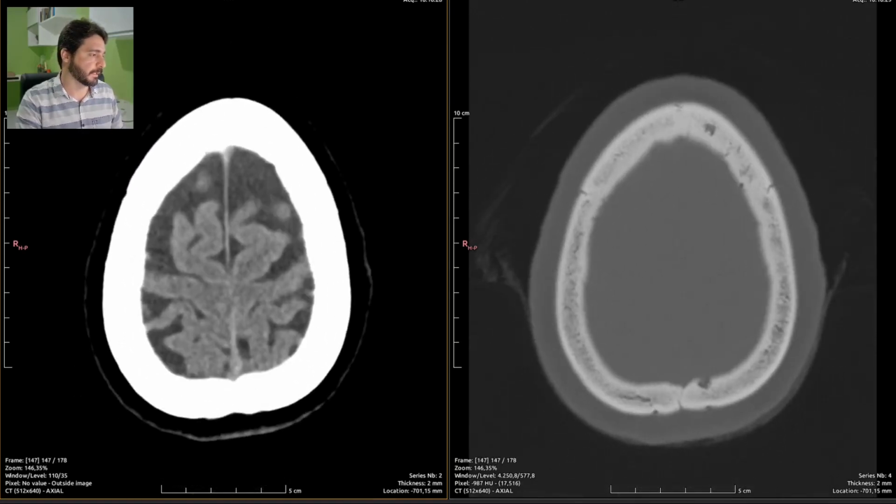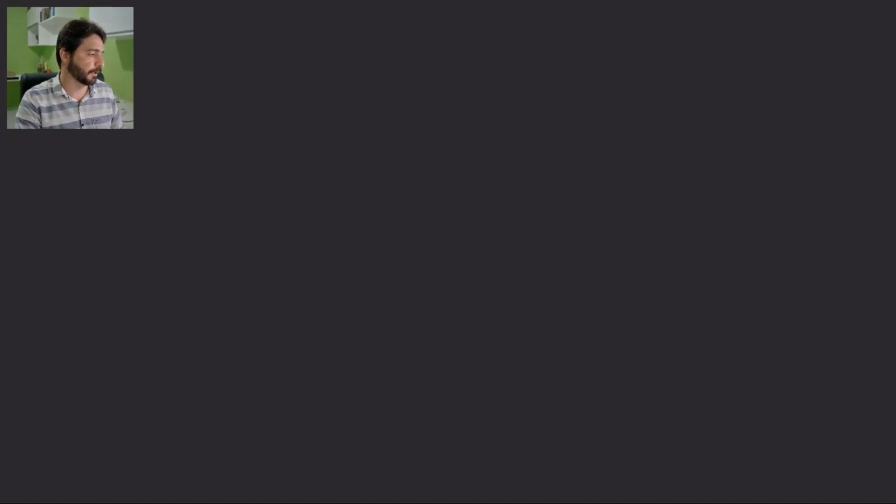So this is it. Let's sign this peculiar exam off, clear the cache, and move on to the next patient. So we have now, let's see, a chest CT scan.